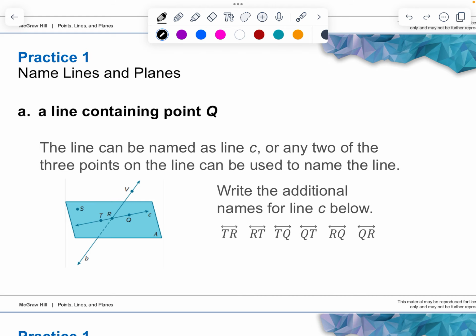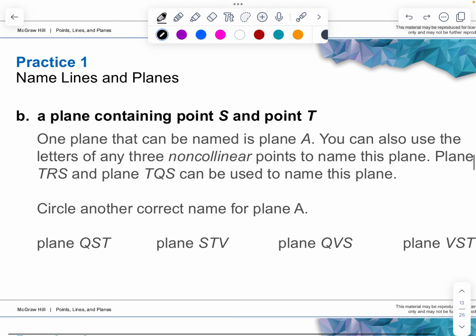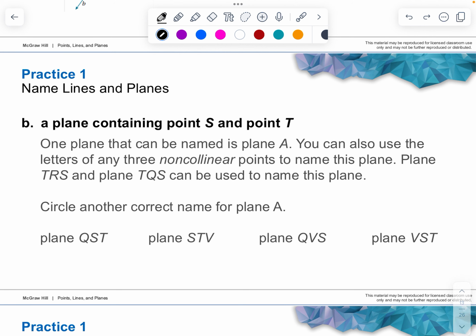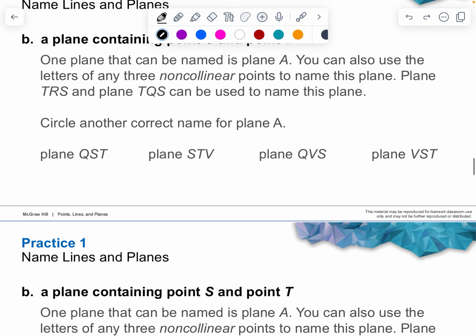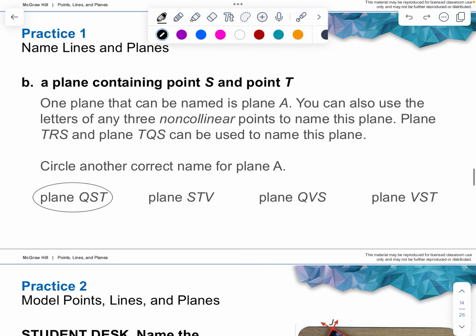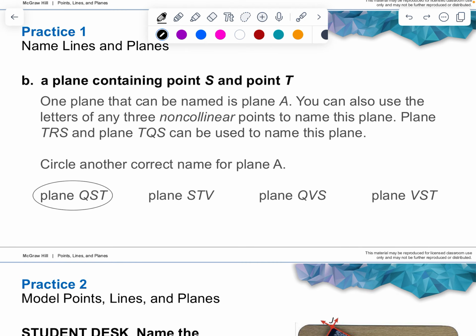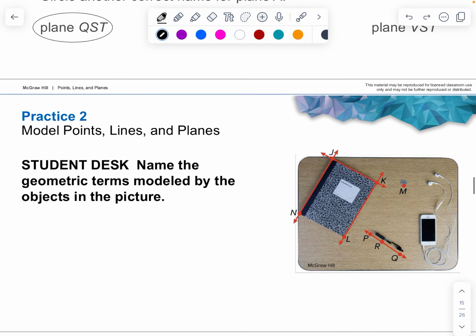Sorry. Okay. And there are 4 or 5 different ways you can name that plane. Oh, not 5. My brain. The correct way to name it would be plane QST.